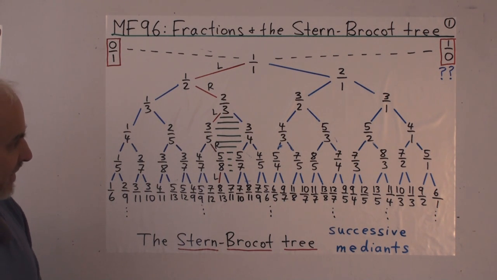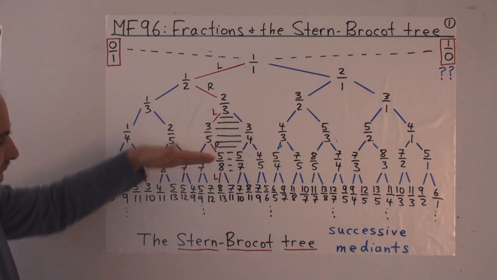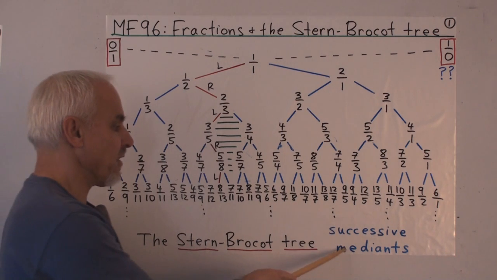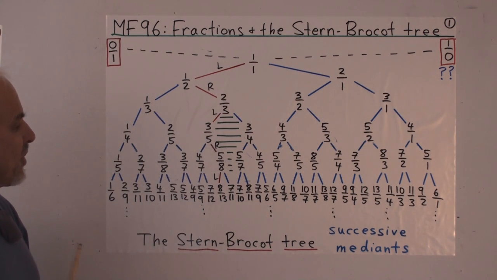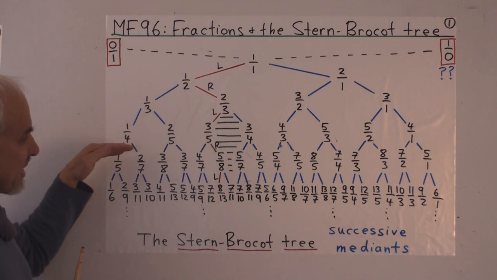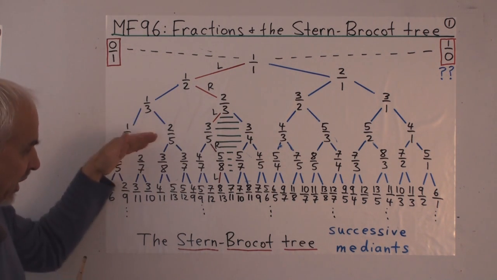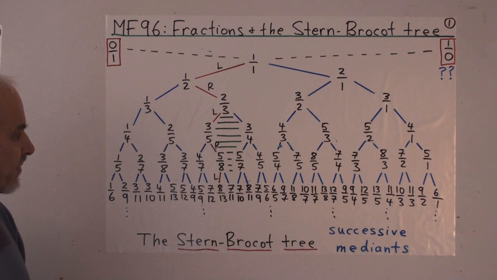Okay, so how is this tree constructed? And what are some of its attributes? Well, the key idea is that to go from one layer to the next, we need this idea of a mediant. So basically we're taking mediants of the things that have been constructed at a certain stage in order to get the next stage.